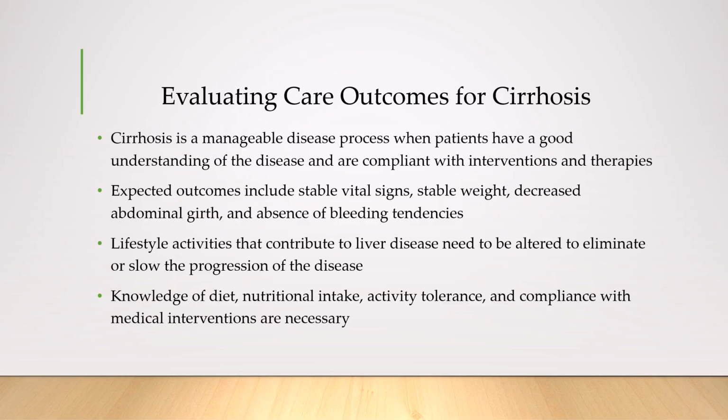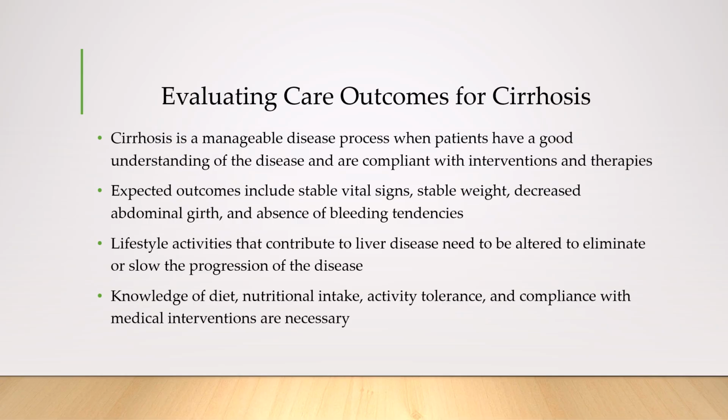And then how do I know that I've done a good job taking care of this patient that has cirrhosis? Cirrhosis is a manageable disease process when patients have a good understanding of the disease and they are compliant with interventions and therapies. Expected outcomes will include stable vital signs, stable weight, decreased abdominal girth, and the absence of bleeding tendencies.